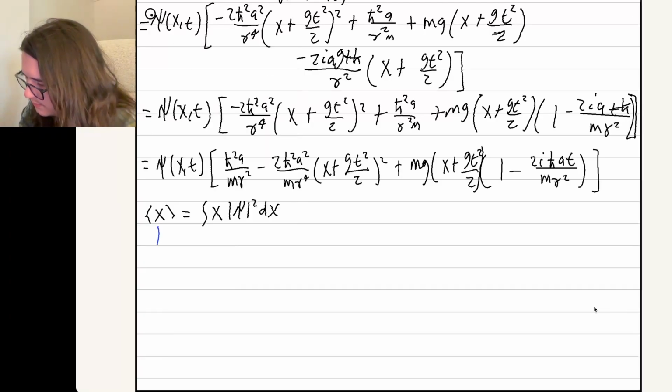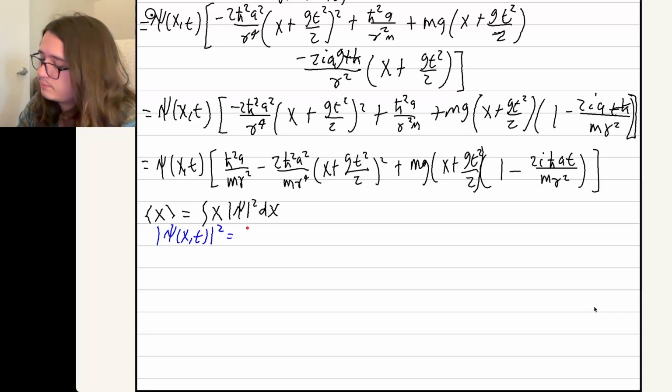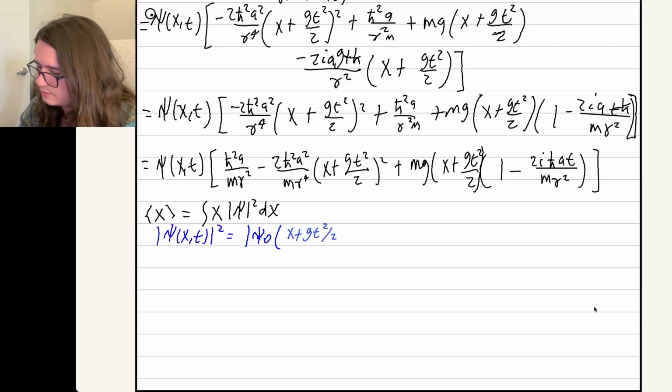So mod squared of psi of x and t, considering the fact that the wave function was psi 0 of x and t times an exponent that had an imaginary component to it, the imaginary component will be canceled out, and so we just have the mod squared of psi 0 of x plus gt squared over 2, and t.